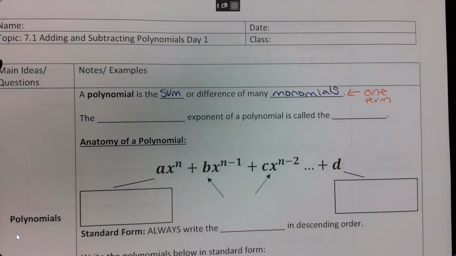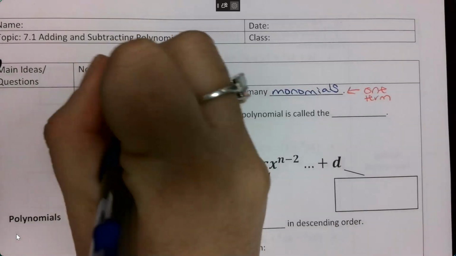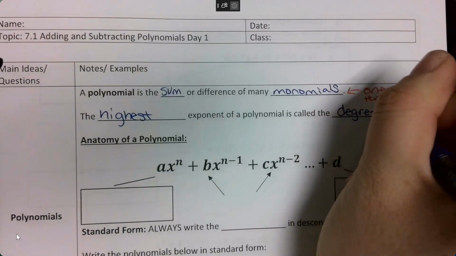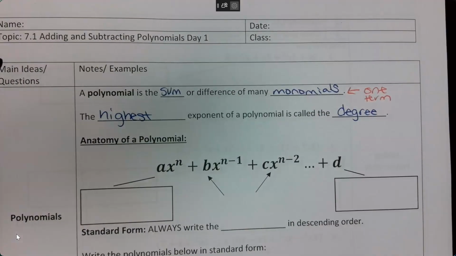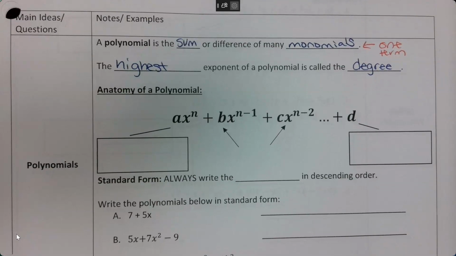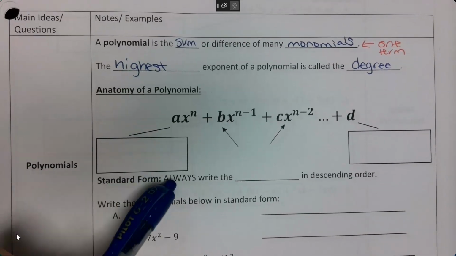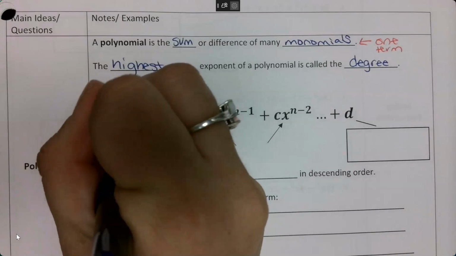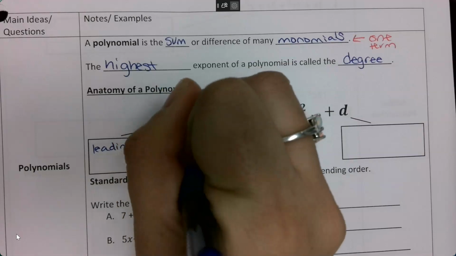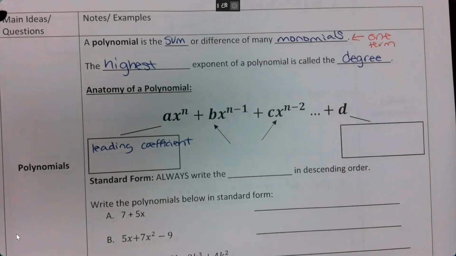The highest exponent of a polynomial is called the degree. Okay, so this first term, the a is my leading coefficient. This is attached to my highest exponent.